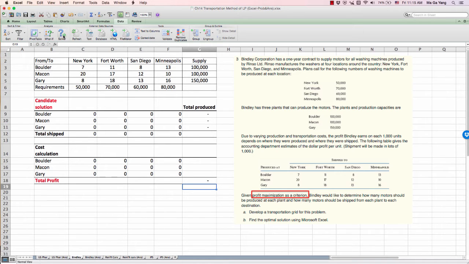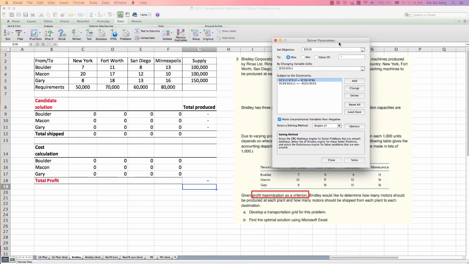And go to Data and Solver, then delete this because it has been created before. Set objective: the target cell is G18 here, and we choose maximum instead of minimum because we want to maximize the profit.